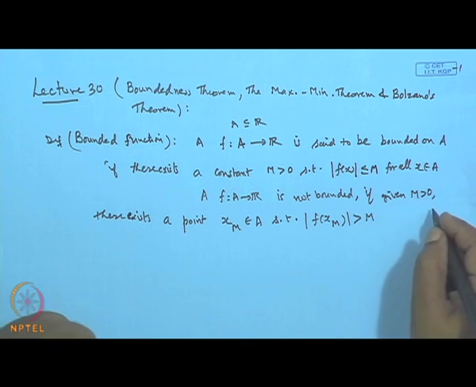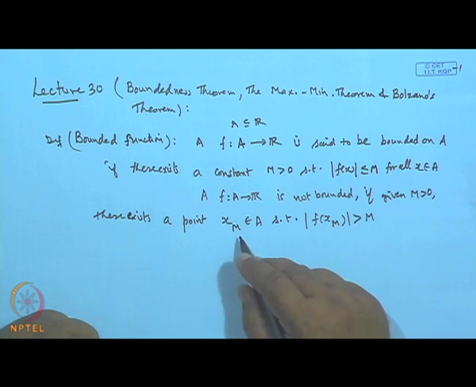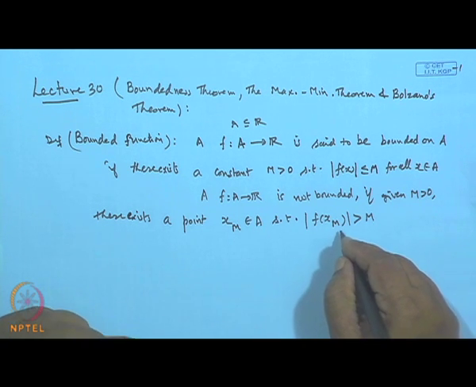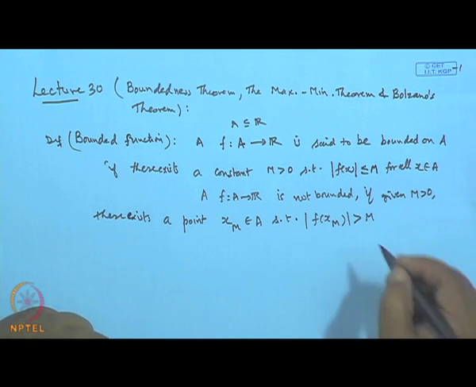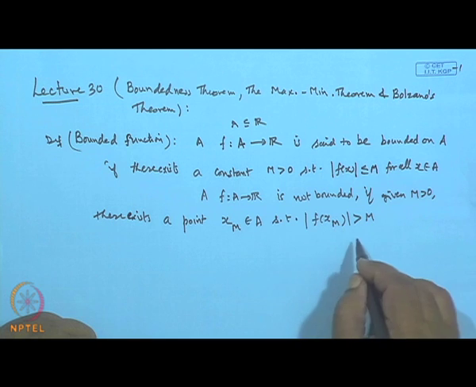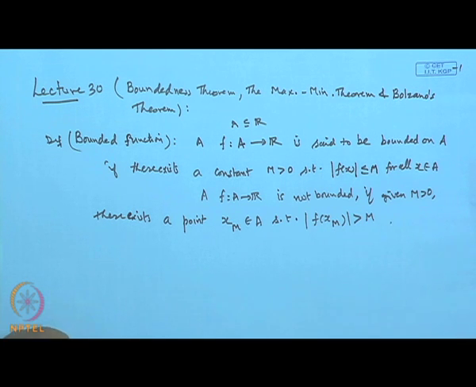So, whatever number you choose, you can always find a corresponding point in A for which the functional value exceeds that number m. Then we say f is unbounded, or is not bounded, on the set A. Okay. So, this we have already discussed.